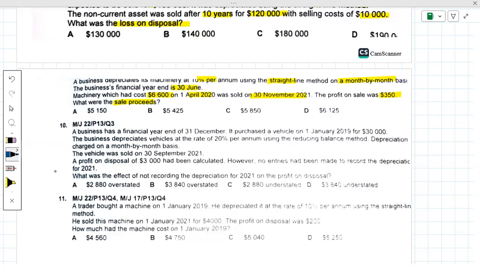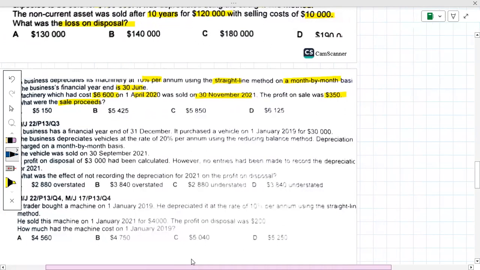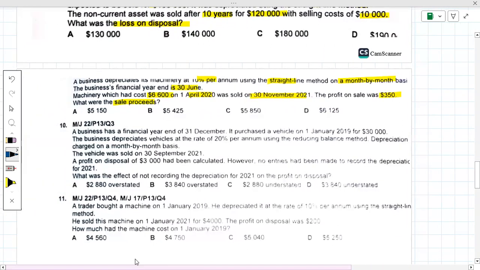So yes, this is a different question. As you can see, this machinery we purchased on 1st April 2020 and our year.